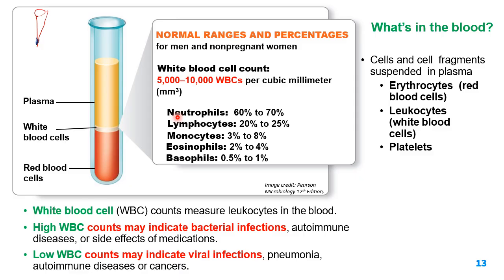You're going to have mainly neutrophils, the biggest percentage, up to 70%. Then you're going to have your lymphocytes. Then you're going to have these cells that are in very low percentage in comparison to the rest. Look at the monocytes, like 3%, eosinophils even less. Basophils, you can barely detect them. It's a very, very low percentage.